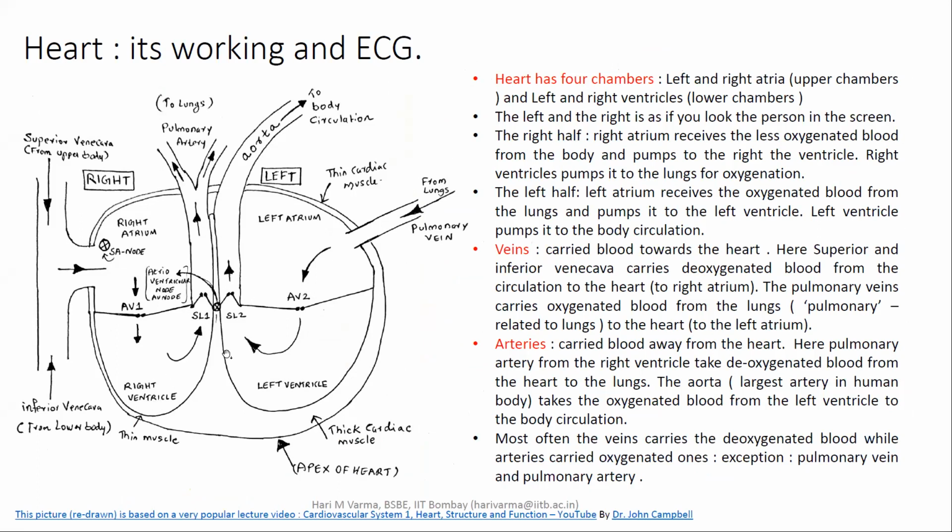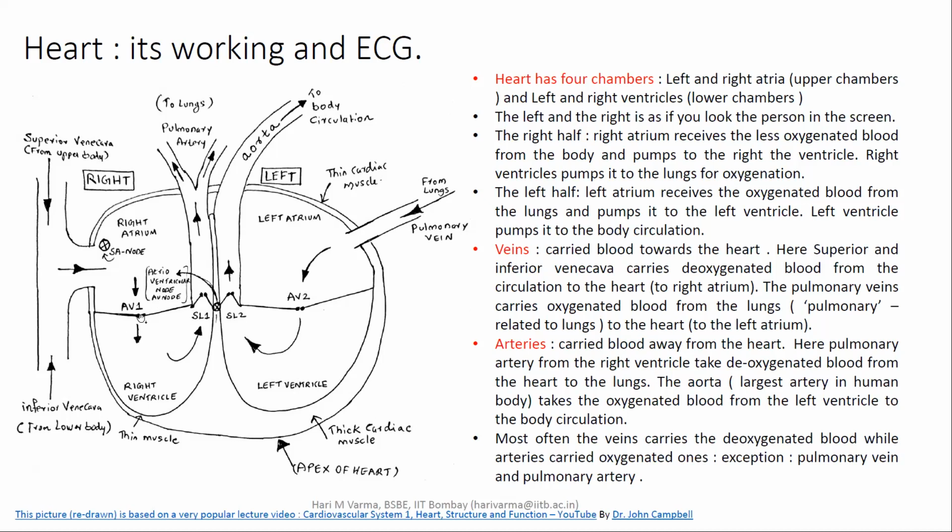When the right ventricle and left ventricle contract, they create high pressure, and both these valves open so that the blood can be pumped to the body or to the lungs. But at the same time, when the pressure increases in the ventricles, the AV1 valve and AV2 valve will close, because these are valves that cannot open to the atrium, so they shut.